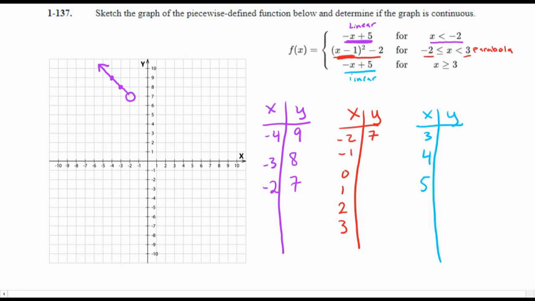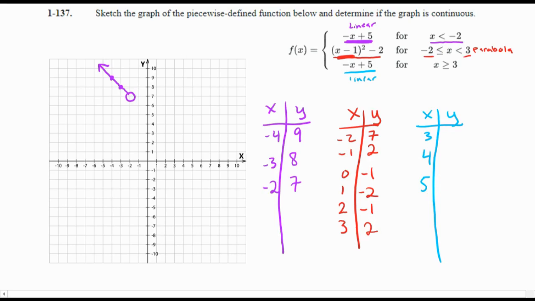If I plug in -1, minus 1 is -2, squared is 4, minus 2 is 2. 0 minus 1 is -1, squared is 1, minus 2 is -1. 1 minus 1 is 0, squared is 0, minus 2 is -2. 2 minus 1 is 1, 1 squared is 1, 1 minus 2 is -1. 3 minus 1 is 2, 2 squared is 4, 4 minus 2 is 2.